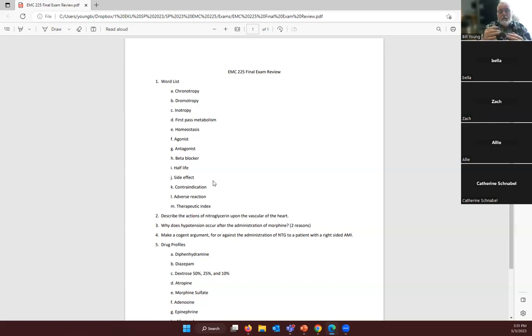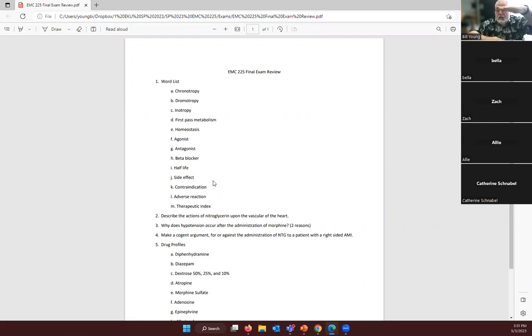Yeah, very, very good. Sometimes you'll hear it referred to, especially from older providers, as the therapeutic window: here's the bottom area where it starts to be helpful, and up in here somewhere is where it begins to get toxic. The closer those two come together, the more dangerous the drug is. So if someone says this drug has a narrow therapeutic index or a narrow therapeutic window, you have to watch patients on that drug really carefully.